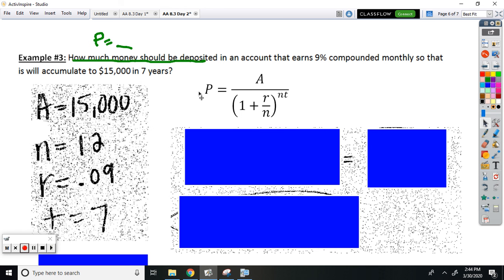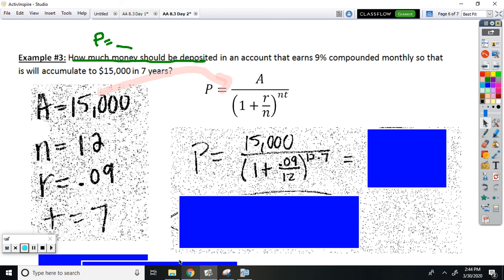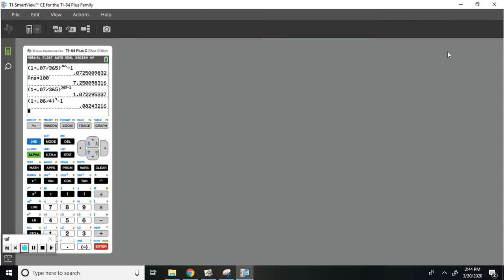So again, because we want to find P, we're using the other form of that equation, P equals, that we just wrote. Substitute in our values. A goes in the top, N and R and T go in the bottom. And I would like you guys to all try this on your calculator, especially before you take your mini quiz, because a lot of students lose points because they type it in their calculator wrong.